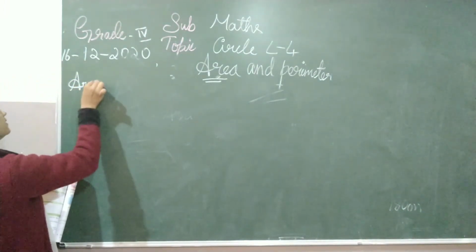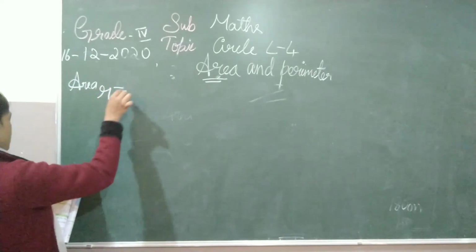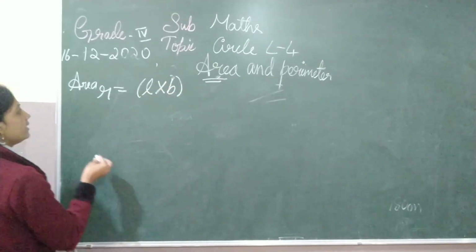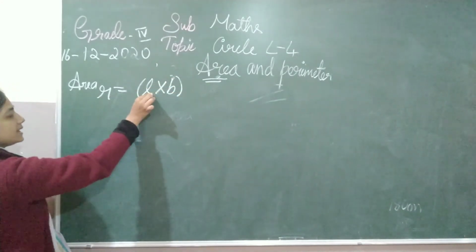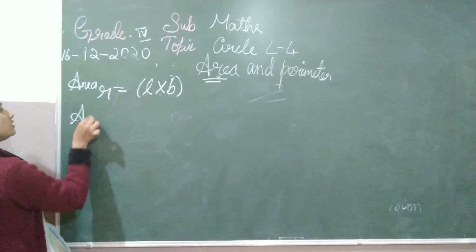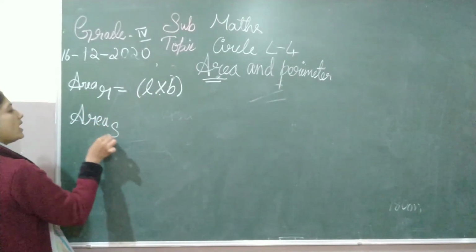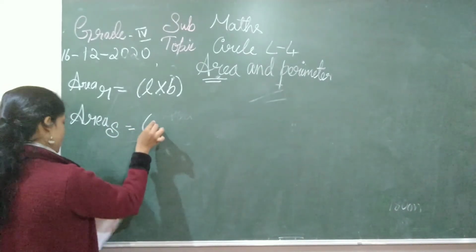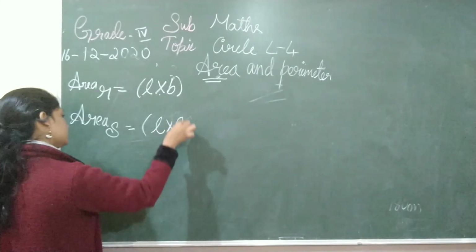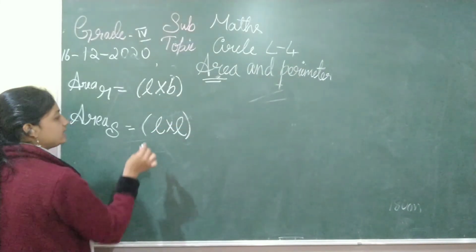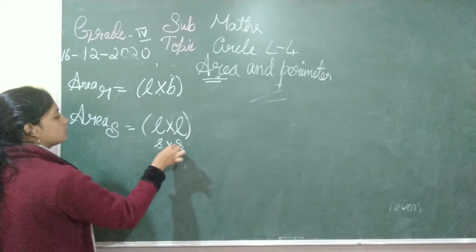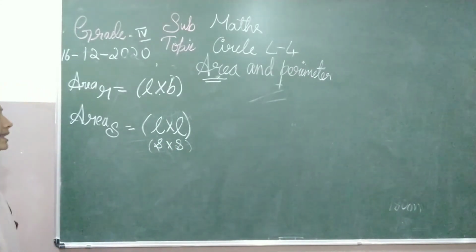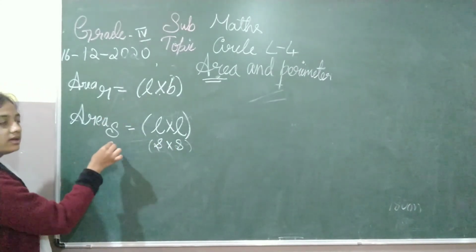Area of rectangle, R represents rectangle, is L into B. So for a rectangle we multiply the length and breadth, and we get the answer. Now let's go for area of a square. It is L into L, the side of the square, you know, right? We can also write it as S into S, because it is side. Anything you can use. So this is the area of a rectangle and this is the area of a square.